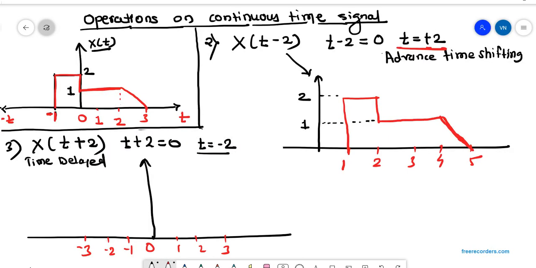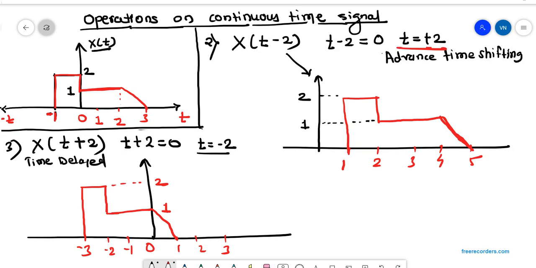The amplitude for minus 1 goes to minus 3, for 0 goes to minus 2, and for 1 and 2 goes to minus 2 and minus 1, and after that the amplitude goes to 0. I just shift the signal by minus 2. Nothing else changes. This is 1 and this is 2. So this is called x of t plus 2, a time delayed signal.